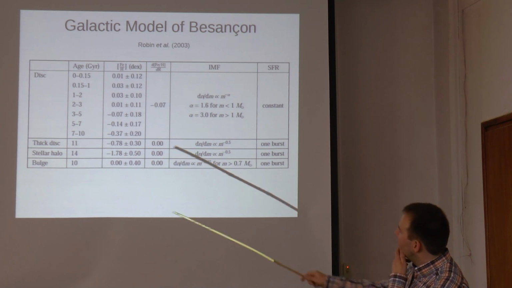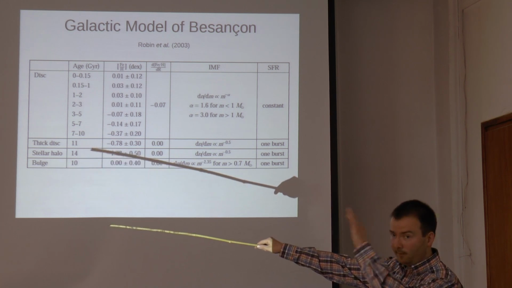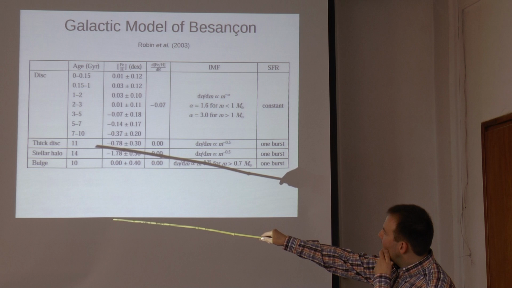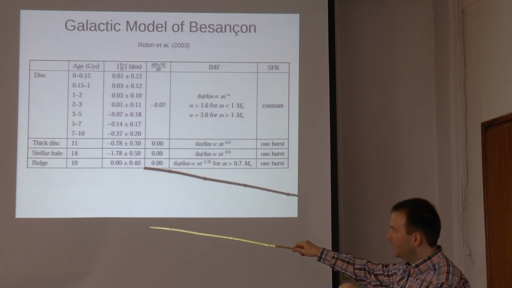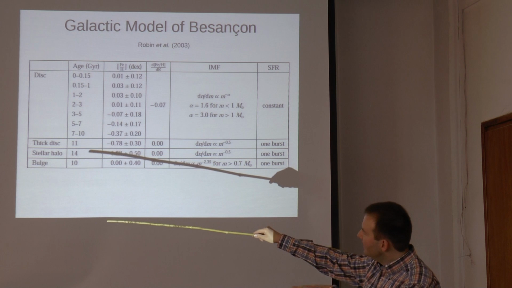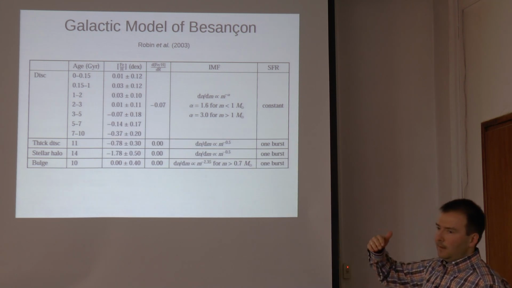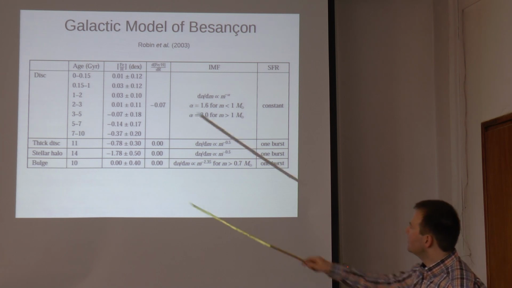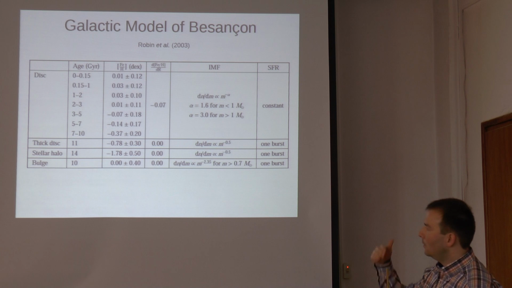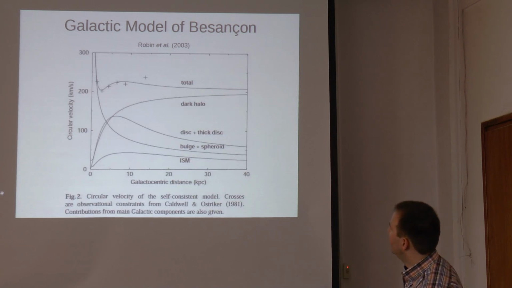So what I want to tell you here is that we have the galactic bulge, stellar halo, and then we have the disk, and you can see that there is not one, probably maybe one thick disk, but there were bursts of formation later, so that's why there are many younger components in this model.